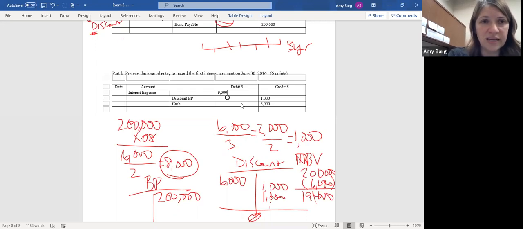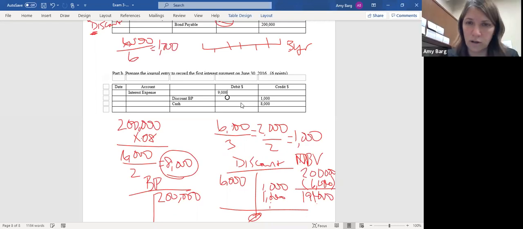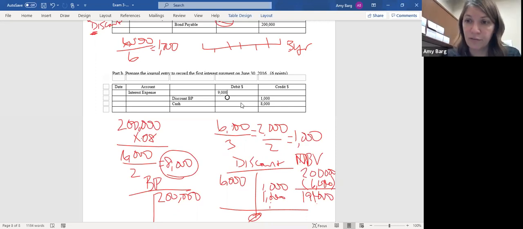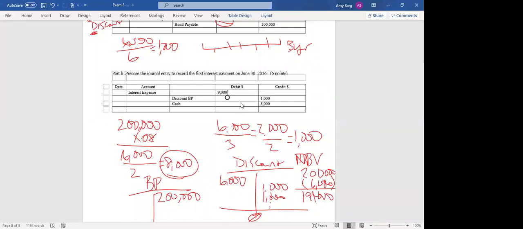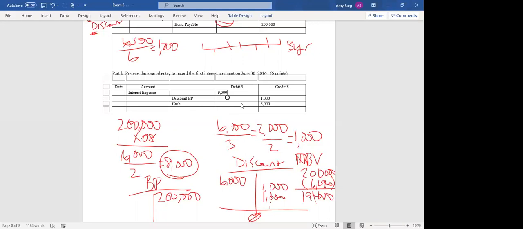So you could have taken the 6,000 and divided it by 6 periods to get 1,000. That would also work, but I didn't do it that way. I said 6,000 divided by 3 because there were 3 years, and then divided by 2 because each year there are 2 payments since it's semi-annual. Okay, that makes a lot more sense. Thank you.